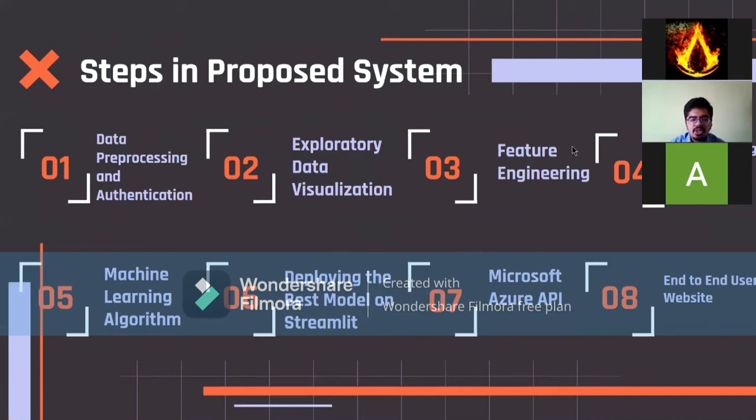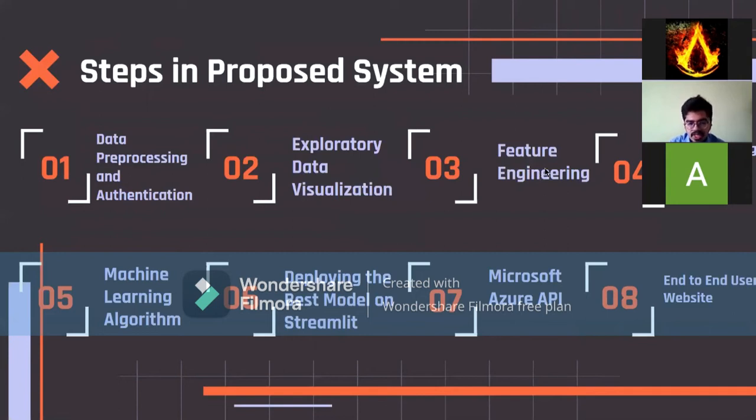Our main motive was to apply different ML algorithms, starting from logistic regression and ending at LGBM classifier, which stands for light gradient boosting classifier. In between, we have applied decision tree, random forest, KNN classifier, and naive Bayes classifier.